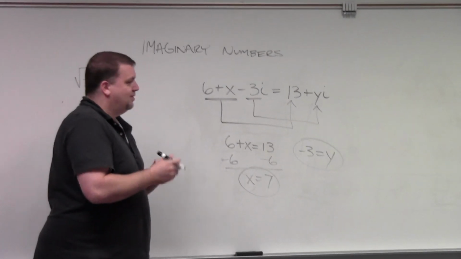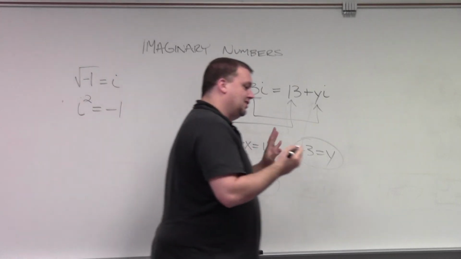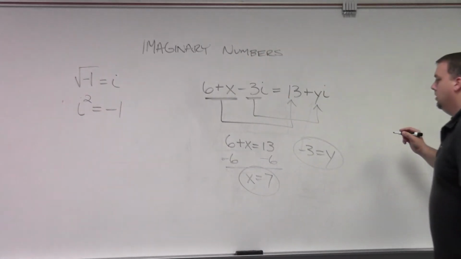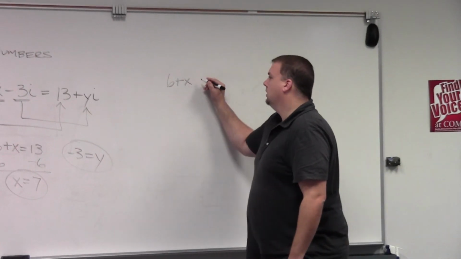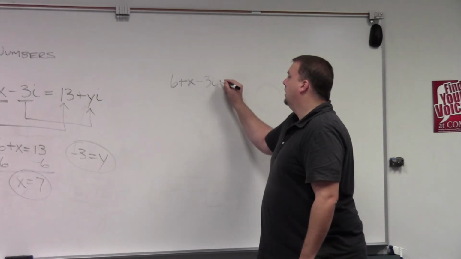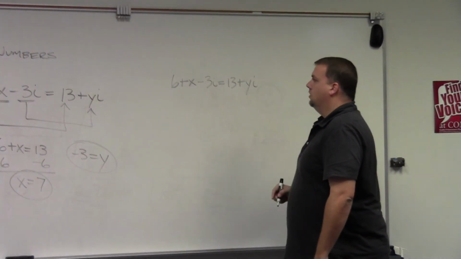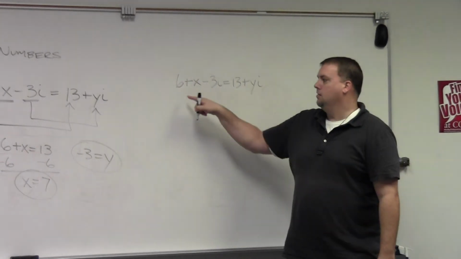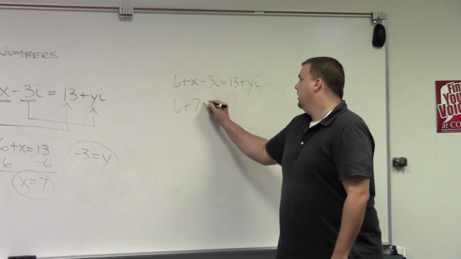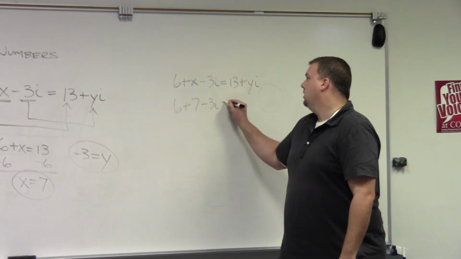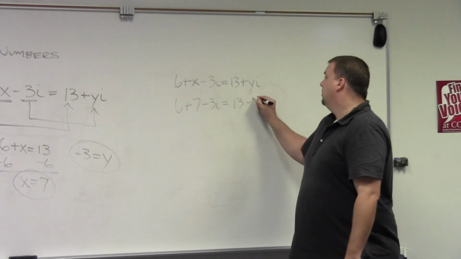I'm getting a face that maybe you don't believe me, right? All right, let's check it to see if it works. So let's go back to our original complex number, 6 plus x minus 3i equals 13 plus yi. Let's plug my numbers back in. 6 plus 7, the number we got for x, minus 3i equals 13, and then in place of y, we're going to put minus 3i.